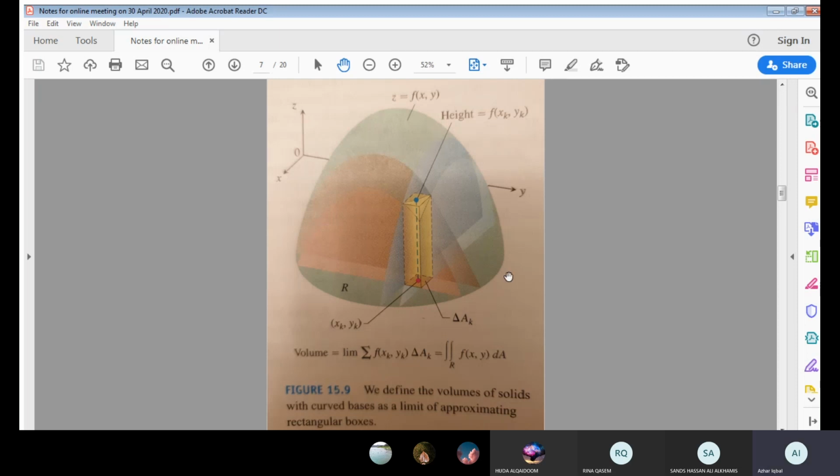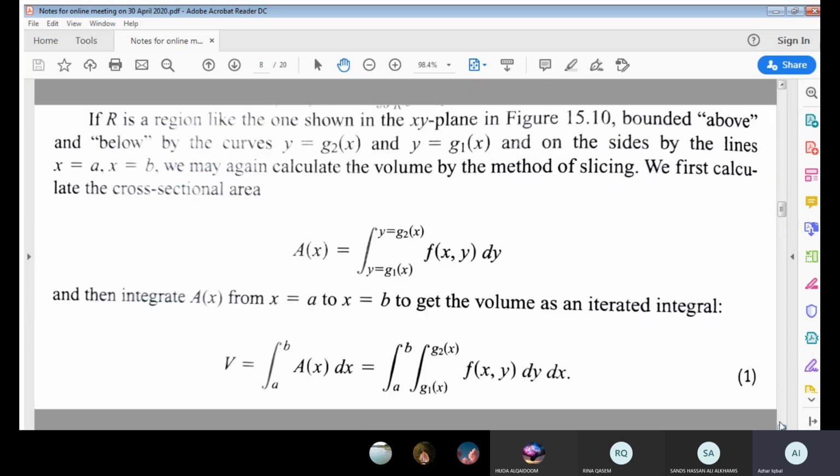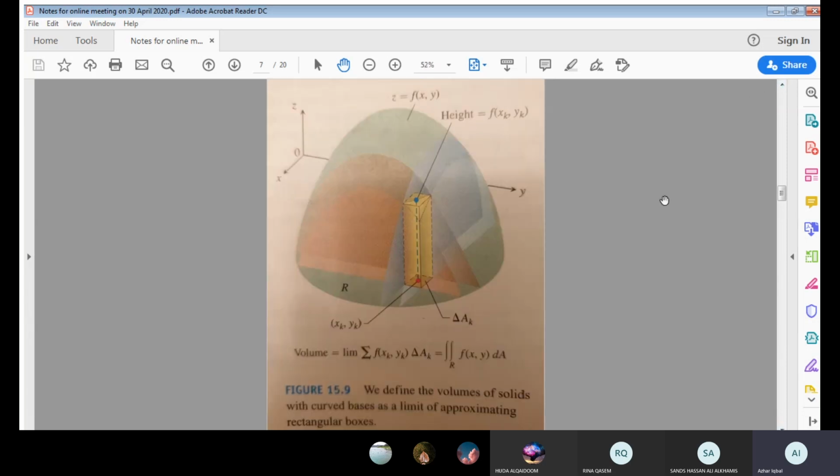Now we define the volume of the solid with the curved base as the limit of the approximating rectangular boxes. So how does this happen? Here the region in the xy plane is again divided into small rectangles, and for each little rectangle, like in this case, whose middle point is xk, yk, this rectangle is the kth rectangle.